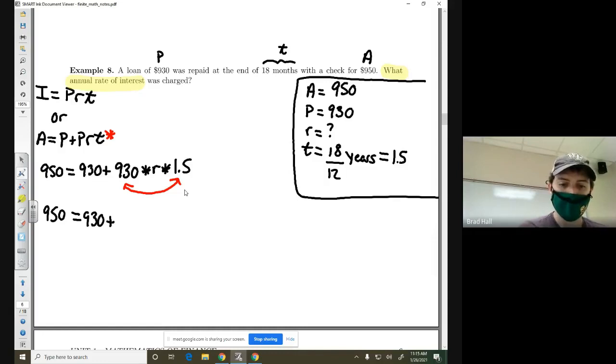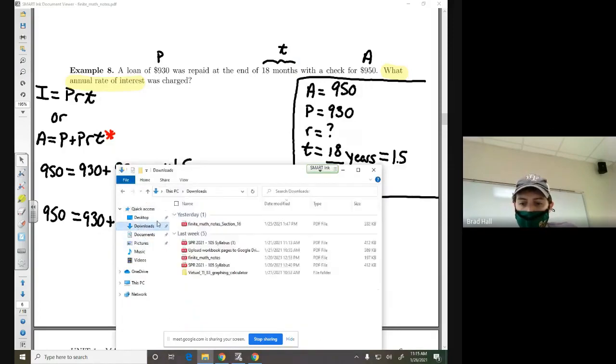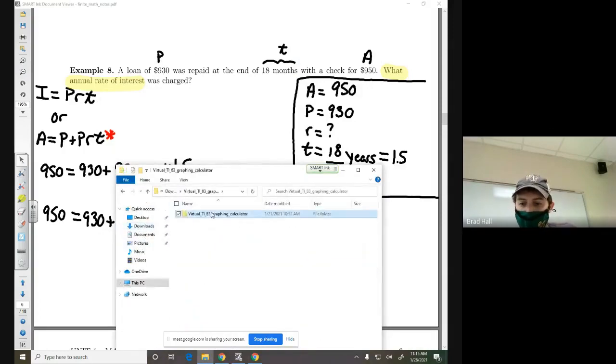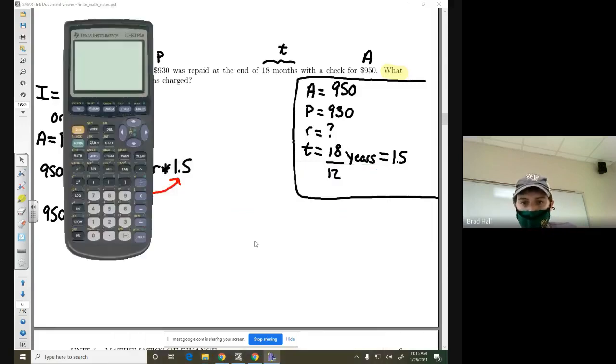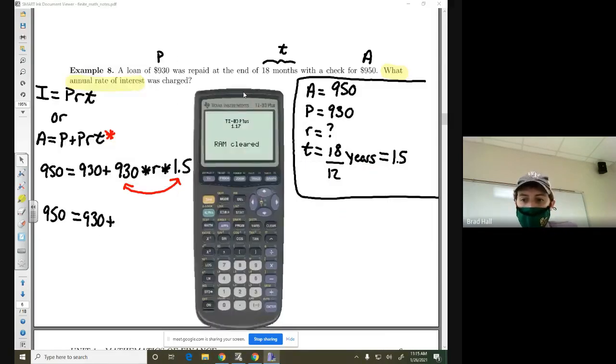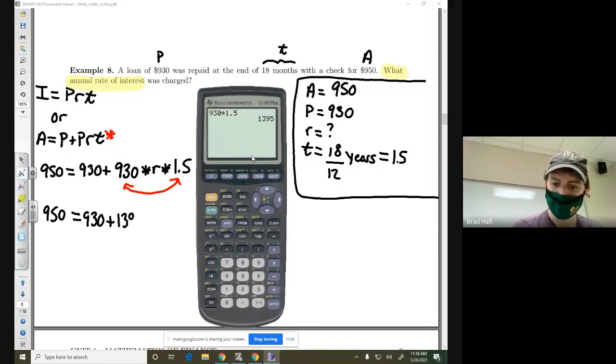930 plus, and as I did before, and I'll do it for this class as well, I have one of these fancy TI calculators, so you can all see what I'm doing. So 930 times 1.5, it tells us we get 1395 times R. Because the R doesn't disappear, it's just hanging around.